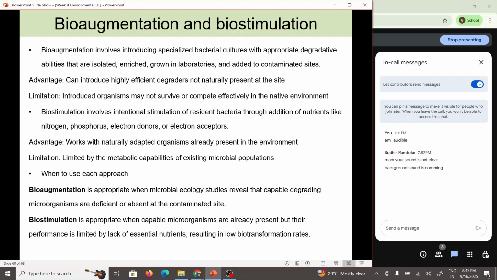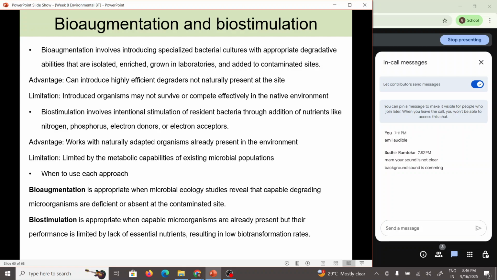What we will do is, in the laboratory we will isolate some of the organisms from the first 50% and culture them, and we will supplement these cultured microorganisms to the already present microbial community. This way we are increasing the percentage of microorganisms which are capable of degrading the antibiotic. From 50%, let's say we have increased the antibiotic degraders to some 70%. This is called the bioaugmentation process. We are adding some special microorganisms into the already existing mixture.